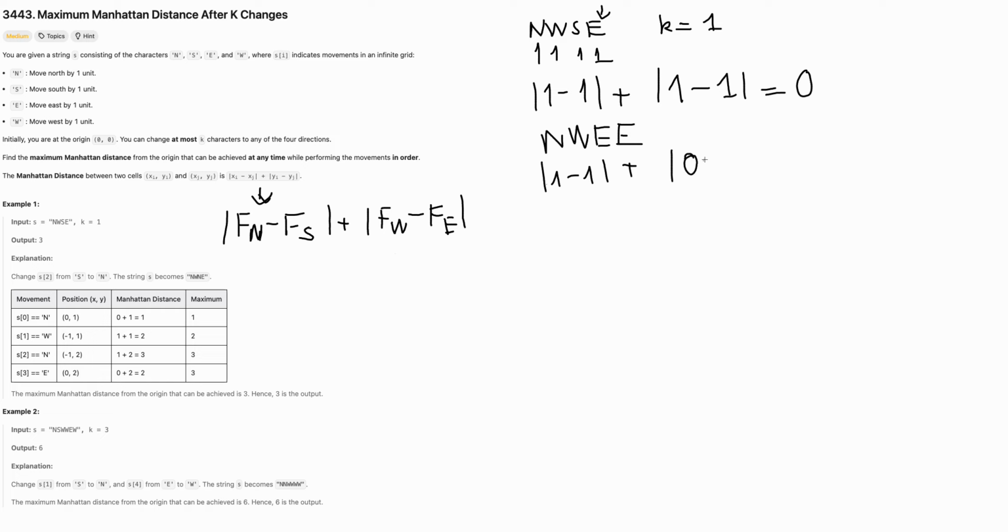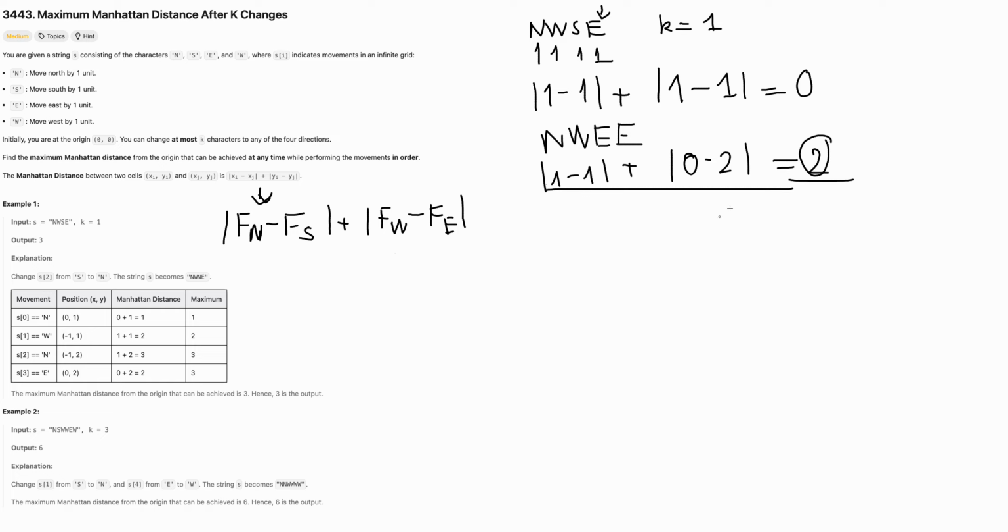So it will be 0 by minus 2, right? This is equal to 2. So if we apply the change after 4 steps, we have the result of 2. So how can we come up with a formula, or how can we get this number in general?